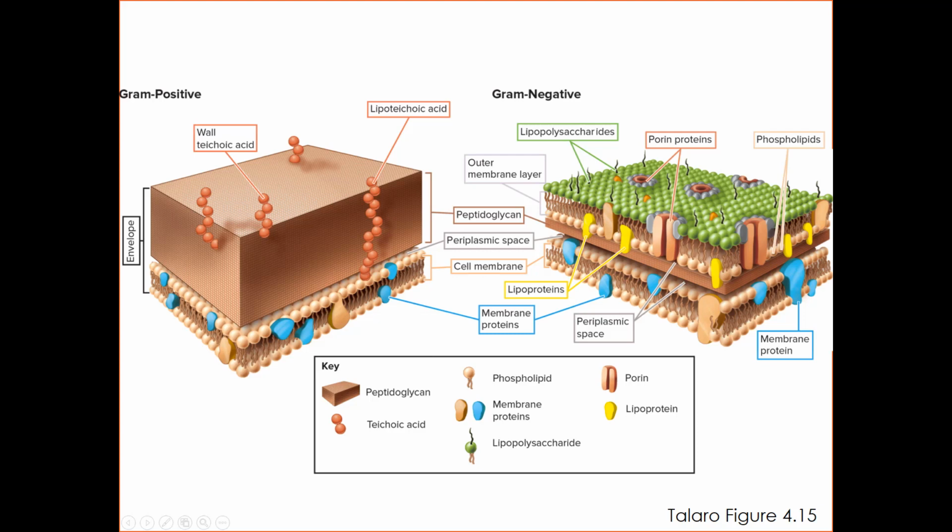Positive purple peptidoglycan prokaryotes. And the significance of that is that we could treat a person with a gram-positive infection with a drug that would target peptidoglycan. Because if only bacteria have peptidoglycan, then that means we could give somebody a drug, it would harm the bacterium, and it would not harm us.